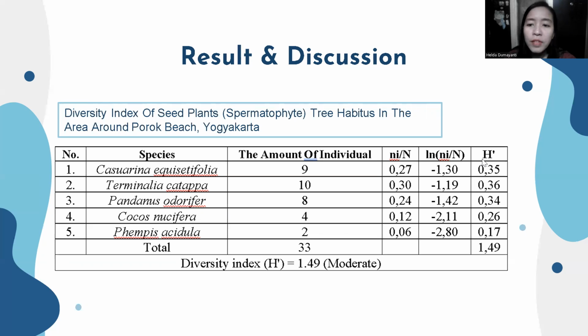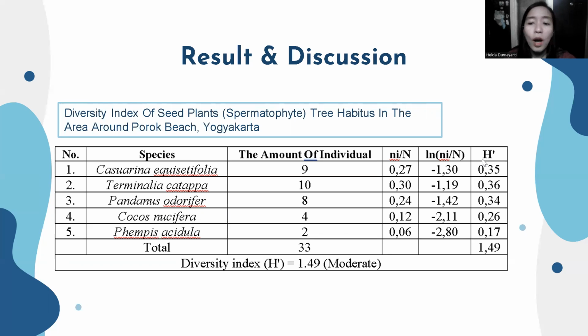The level of diversity of seed plants, tree habitus in the area around Porok Beach, Yogyakarta is indicated to be influenced by soil organic matter, soil moisture, soil pH, temperature, humidity, and light intensity in the area.